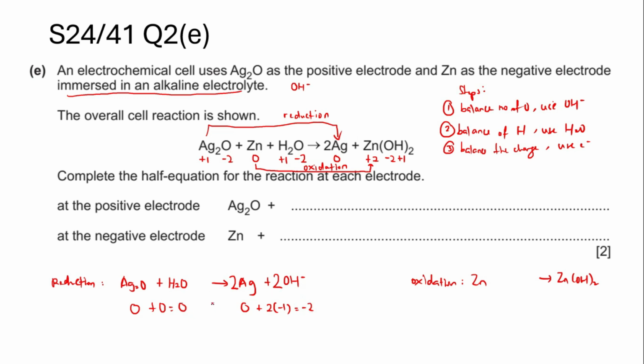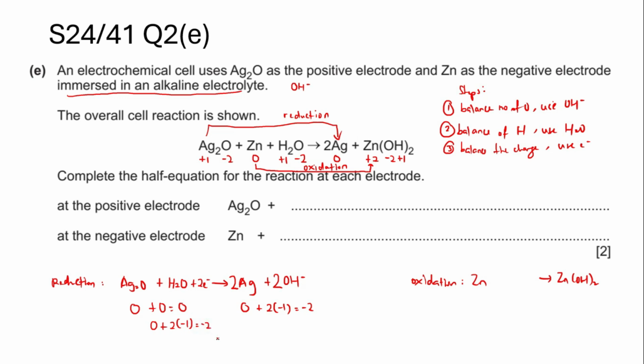Now we want to make these two numbers the same. We're going to add electrons to the left hand side. Because electron has negative charge, we can only turn the more positive overall charge to the more negative one. So by adding 2 electrons on the left hand side, now the overall charge changes from 0 to -2.